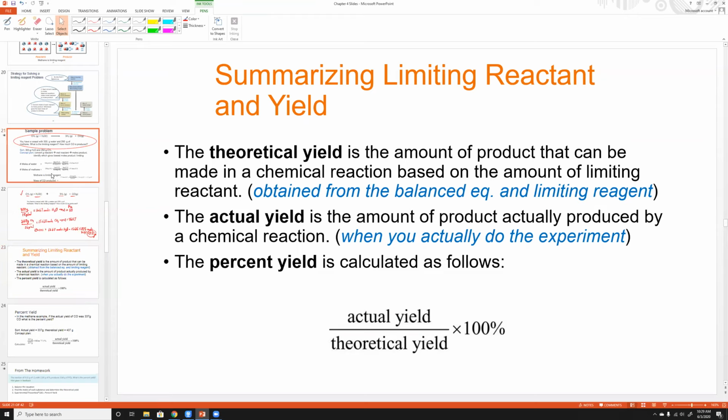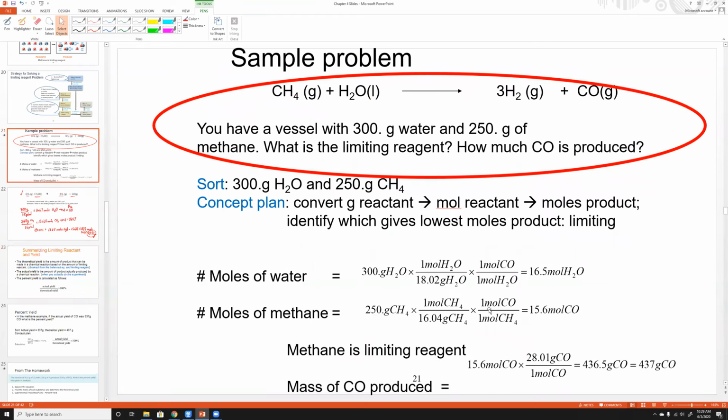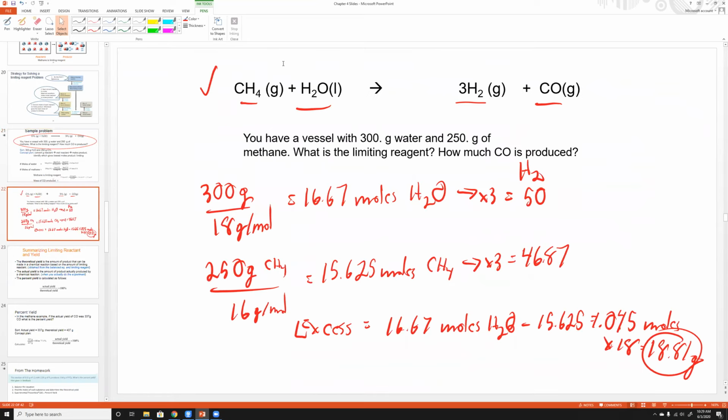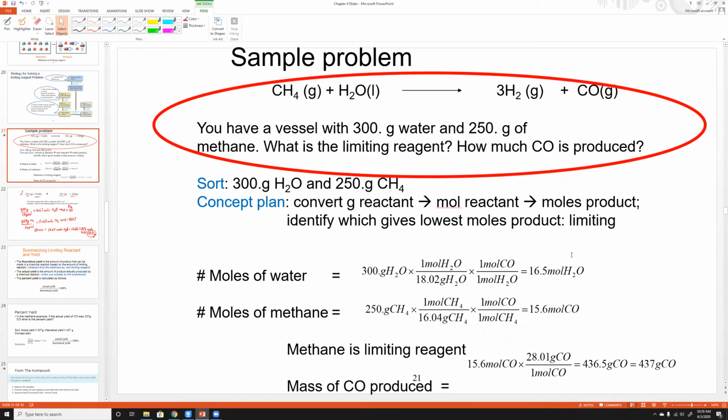Everything that we just determined with this limiting reactant problem is theoretical. In this reaction, we calculated that there will be 437 grams of carbon monoxide.